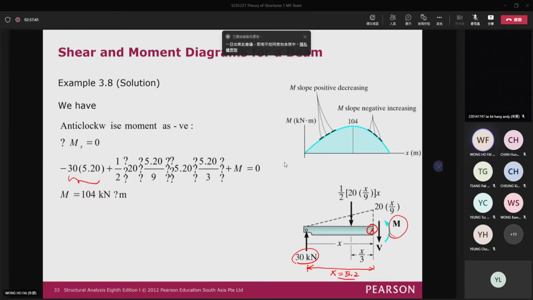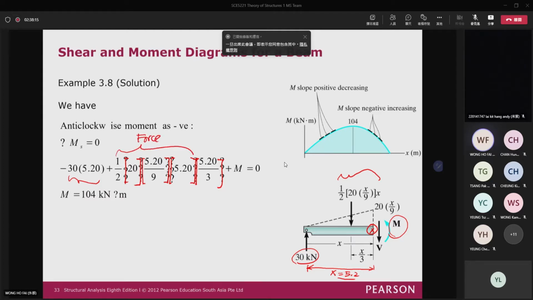And then you have, again, this one are the bracket, actually, don't worry too much. Because this one is the total force, it is half times 20 x over 9, and then times x over 9 here. So you can see that this one is actually the area of the triangle, or this is the force.